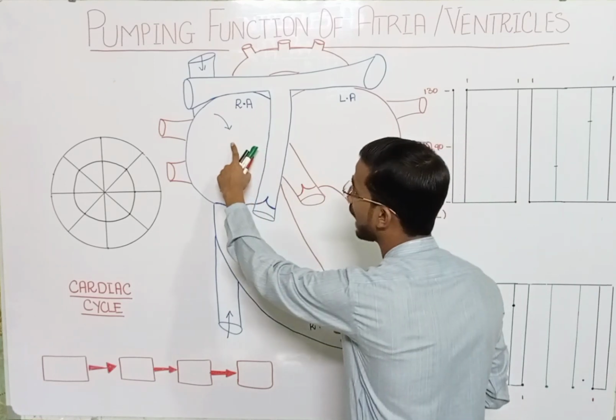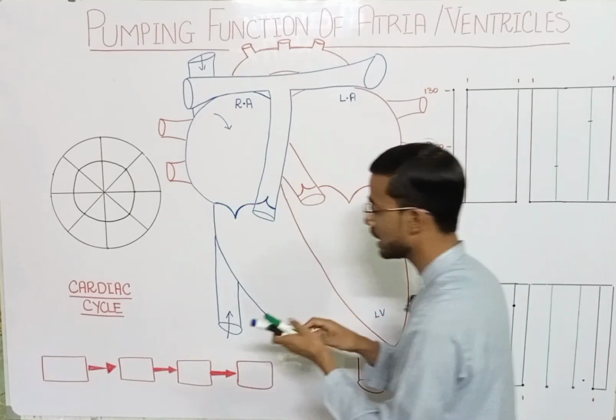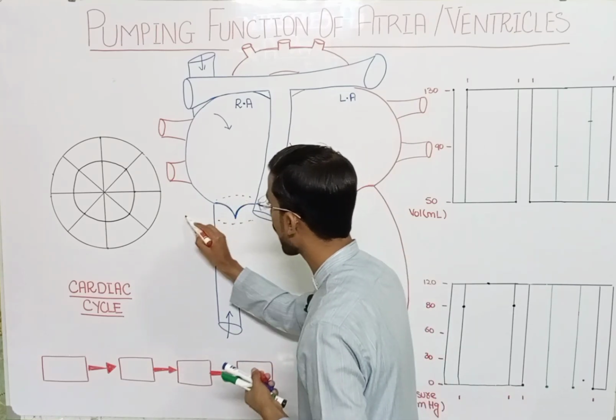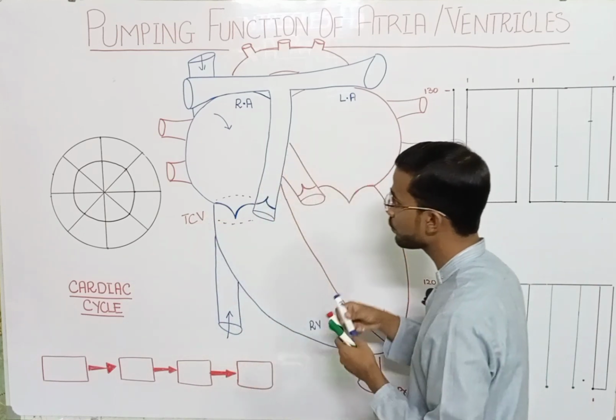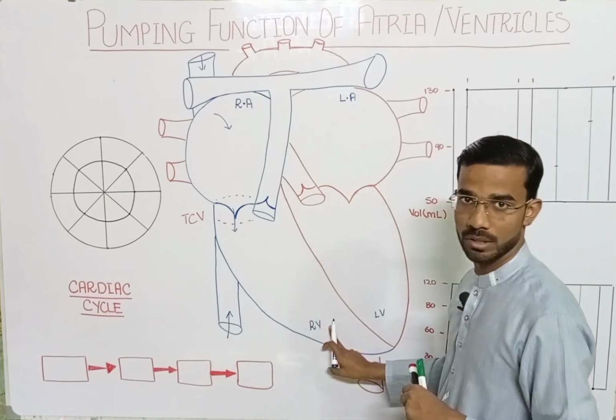Now from the right atrium, blood flows through the tricuspid valve. Here you can see this valve is basically the tricuspid valve. Now the blood flows through the tricuspid valve into the right ventricle.